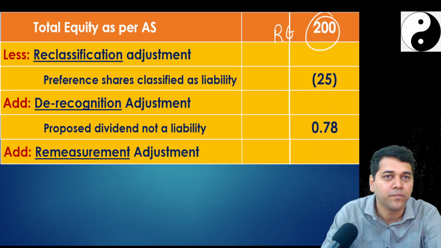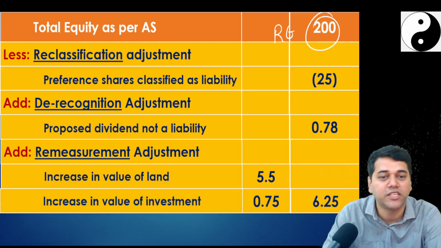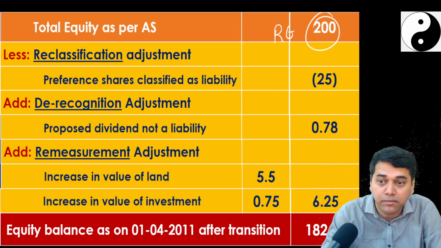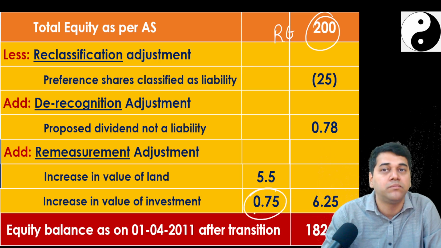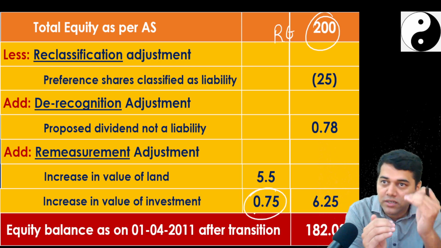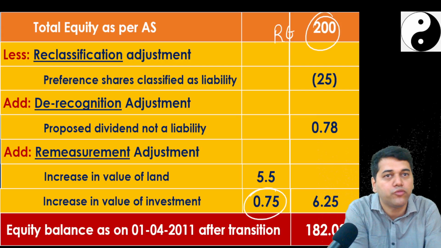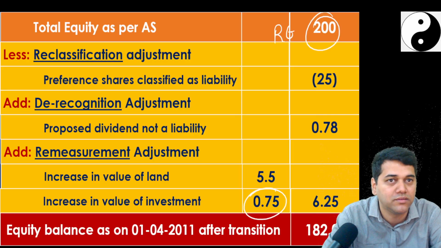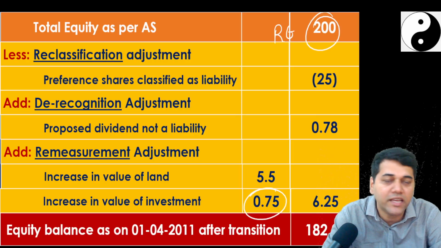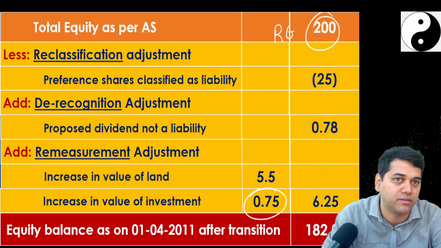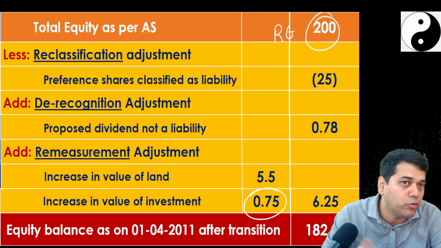Okay, let us see. So add, remeasurement adjustment, both are the same. In the exam, one of the items might have got a fair value devaluation. Here both were upward revaluation, and there can be one downward revaluation happening. Possible, no? Then that one you have to minus.